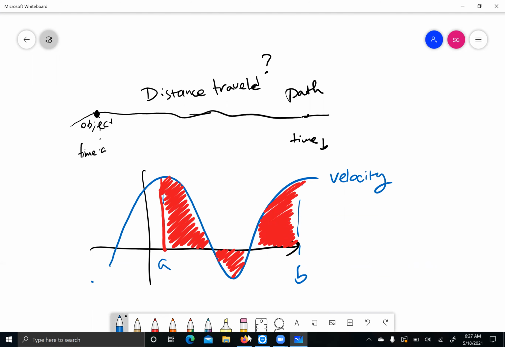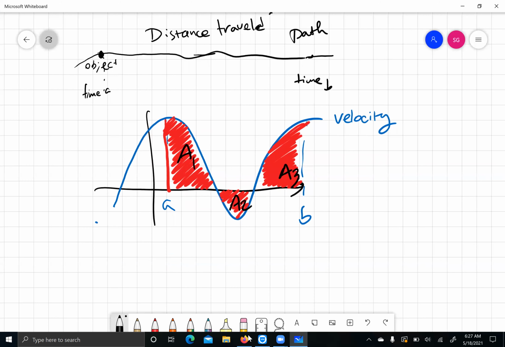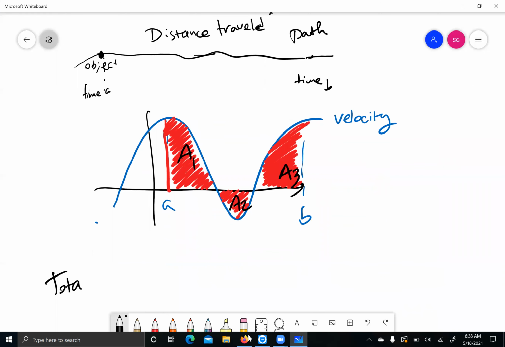Now let's call this A1, A2, A3. The total area is the sum of A1 plus A3, but because A2 is under the x-axis, we subtract it. We consider it as a negative value, right?